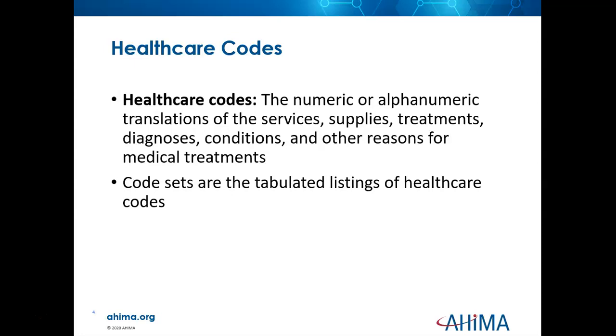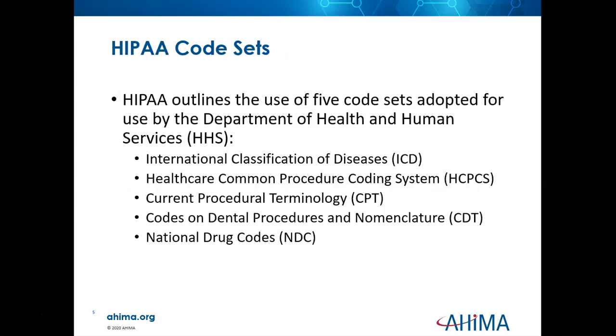That claim form, whether it be the CMS 1500 or the UB04, is what would be submitted to the payer for reimbursement. But you have to know how to use these code sets, how to read these code sets, those tabulated listings of healthcare codes.